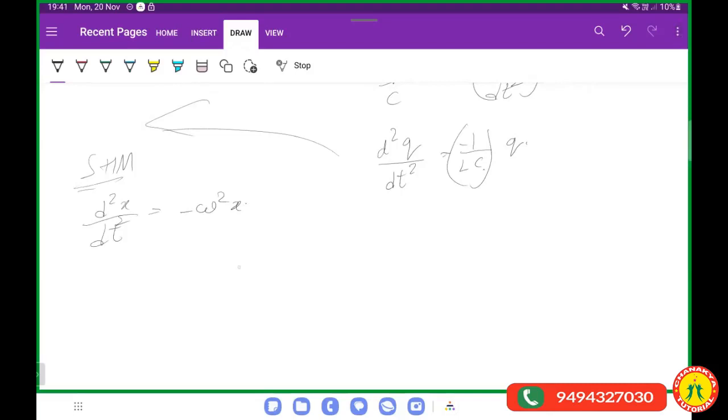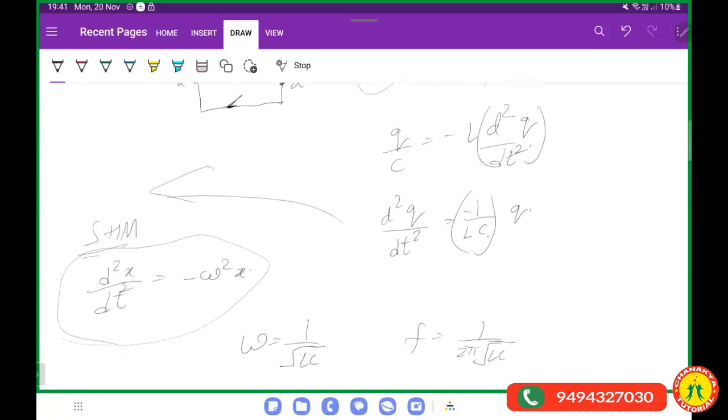If you compare with that, omega equals 1 by root LC, and frequency equals 1 by 2 pi root LC. This is your simple harmonic motion standard equation. Someone make a note of it.